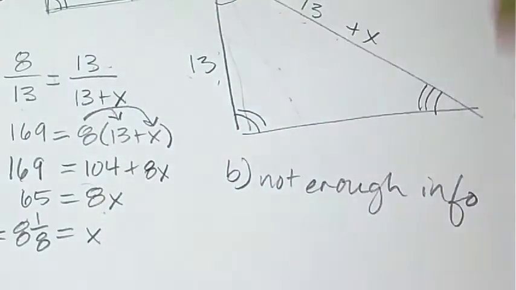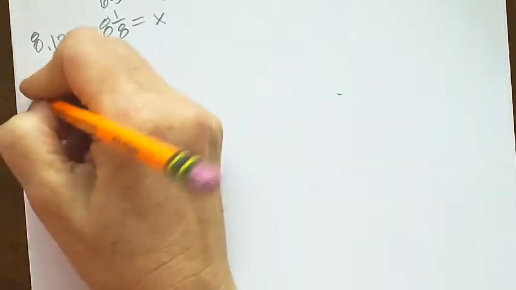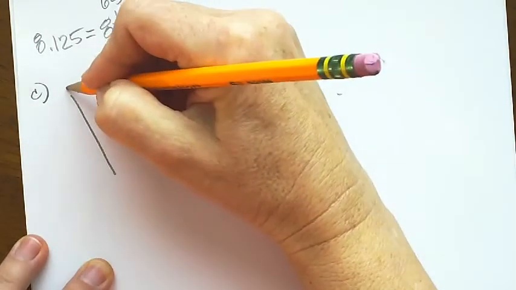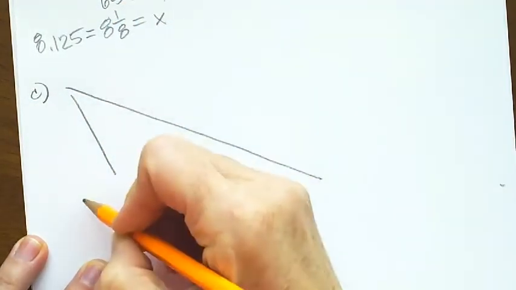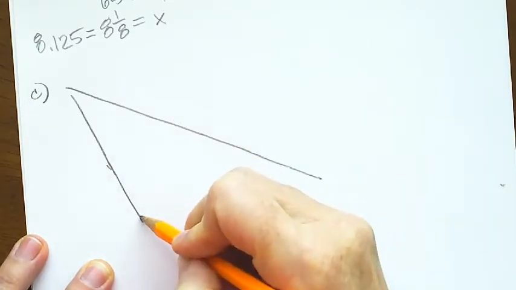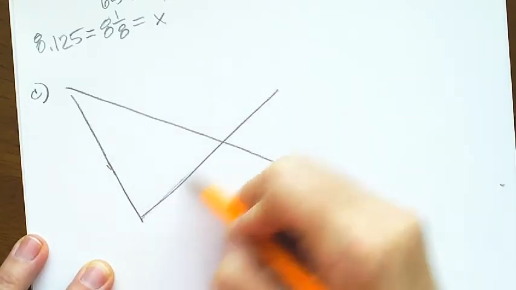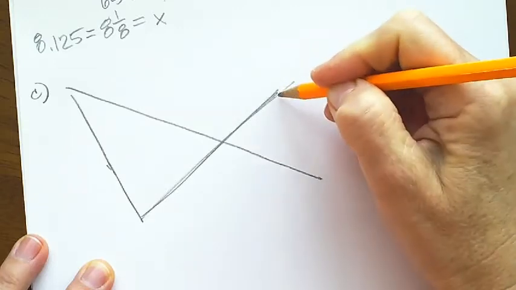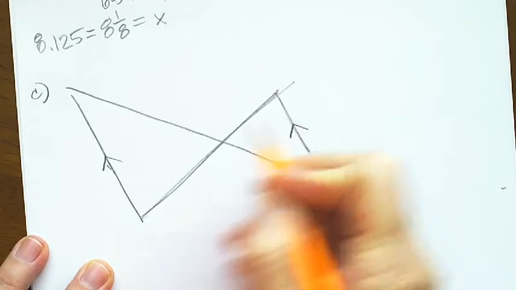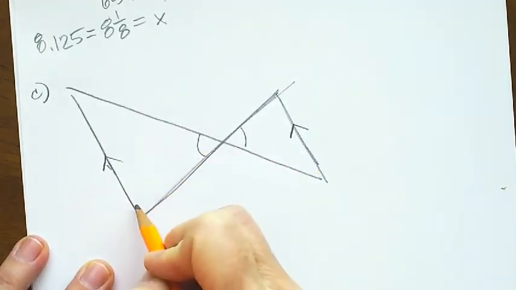So let's sketch those triangles. You could just sketch the original. Okay, so here's our parallel lines, here's our vertical angles.